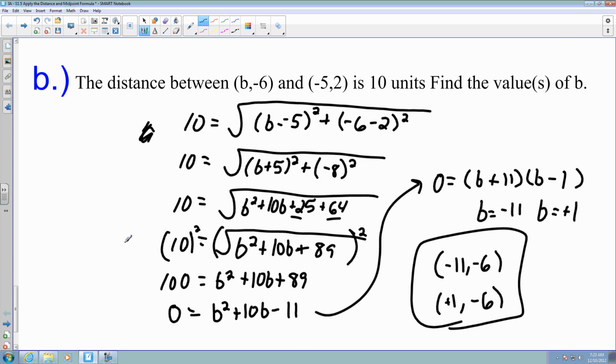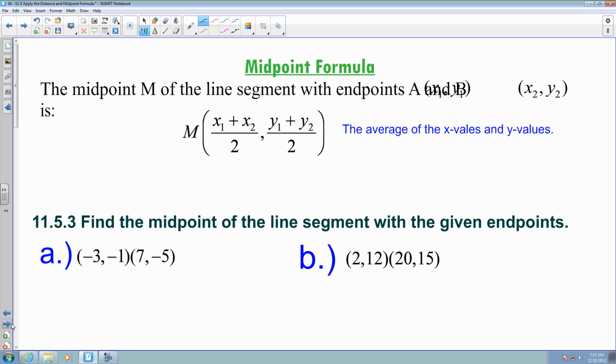So that's how you use the distance formula. Next is the midpoint formula.